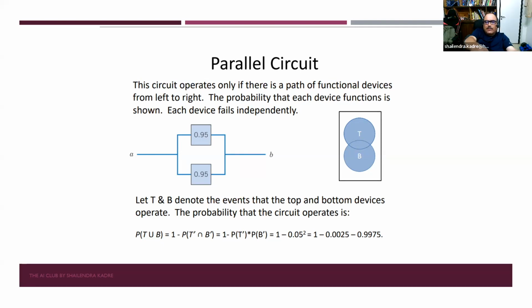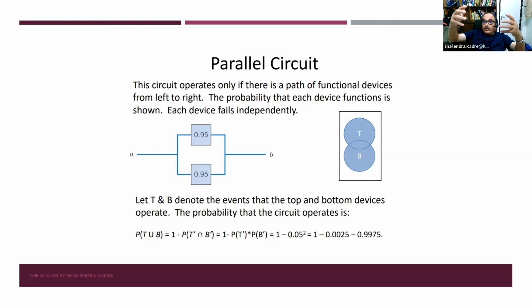So T dash means the probability of not operating, and from 1 he has deducted it. So 1 minus 0.05 squared. The overall reliability of this circuit will be 0.9975. It has increased.